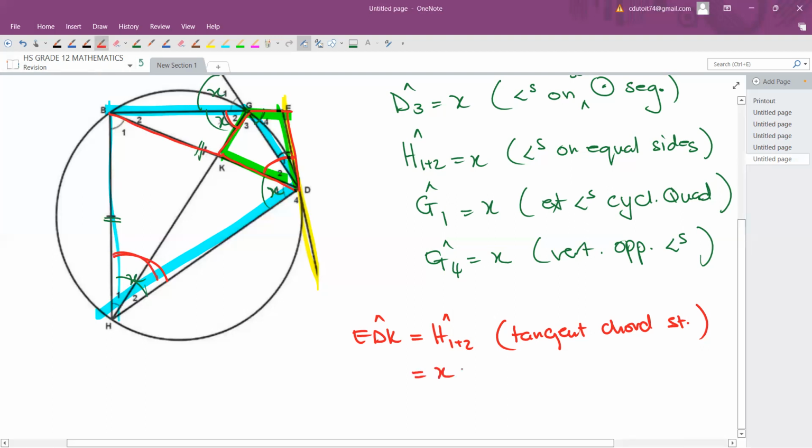So I'm not sure. Okay, let me quickly find that. I'm actually interested in how they do that in English as well. Because in Afrikaans, we just use the opposite of the one. In other words, I'm not starting with the angle between the tangent and chord. I'm starting with the angle that's on the segment of the circle. So it's just the opposite. So I need to find the English one.